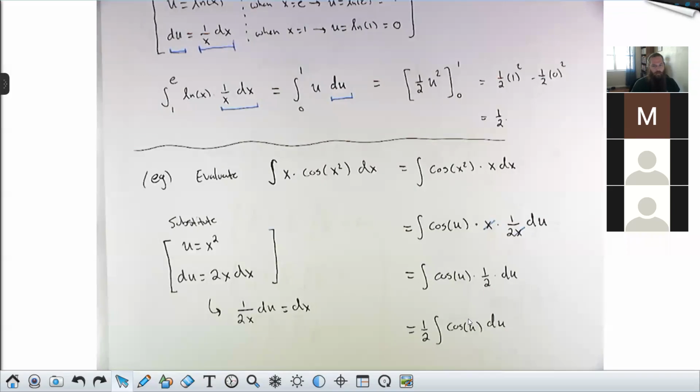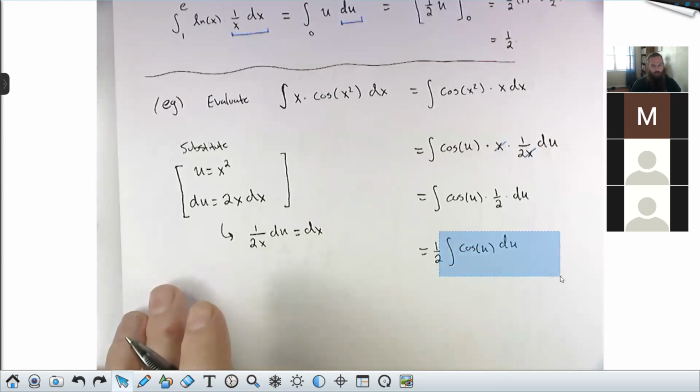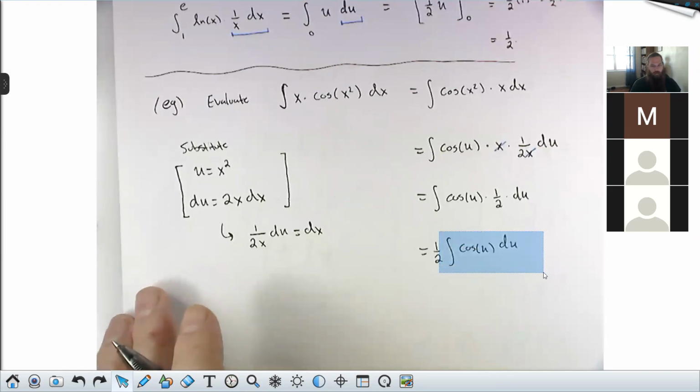And we know an antiderivative for the cosine of u, right? Remember, indefinite integrals are different from definite integrals. Definite integrals always come out to a number. Indefinite integrals like these always give me an infinite family of functions, all the antiderivatives. So I'm just trying to find the antiderivative for cos u here. That's all this is asking.